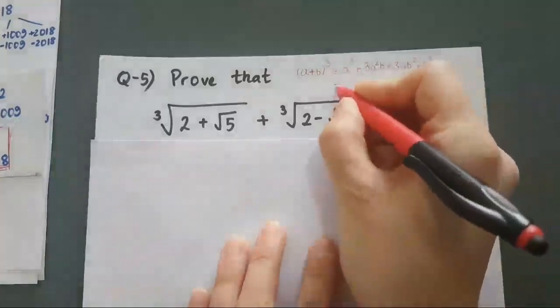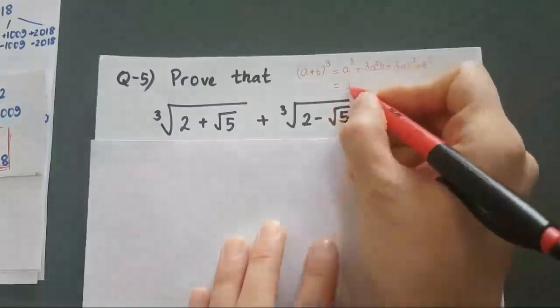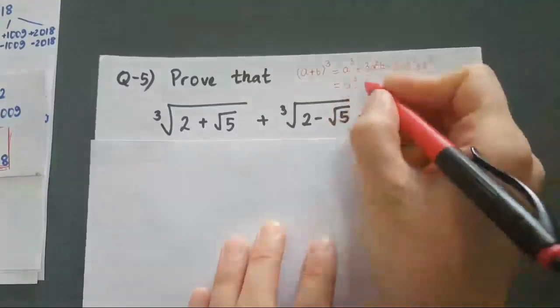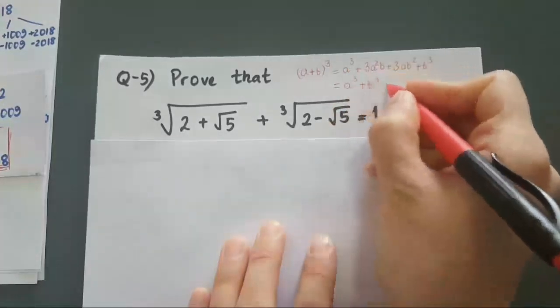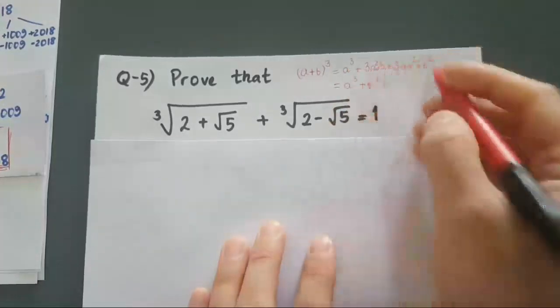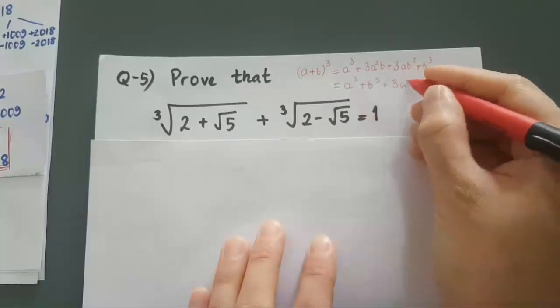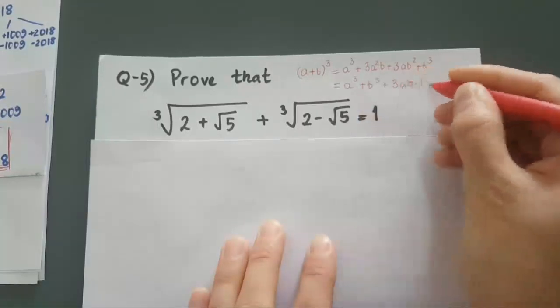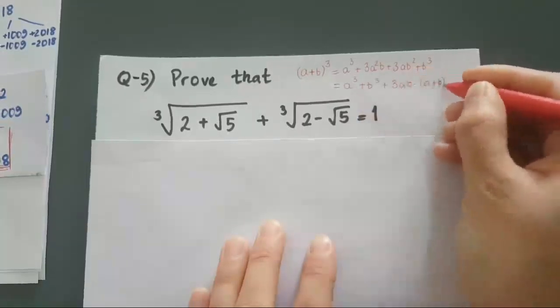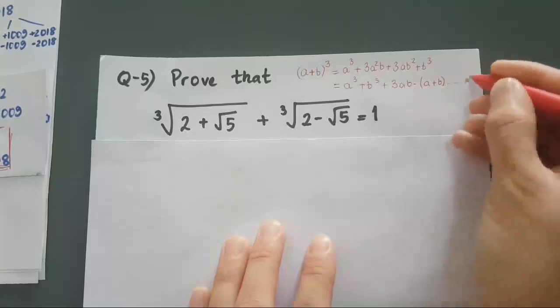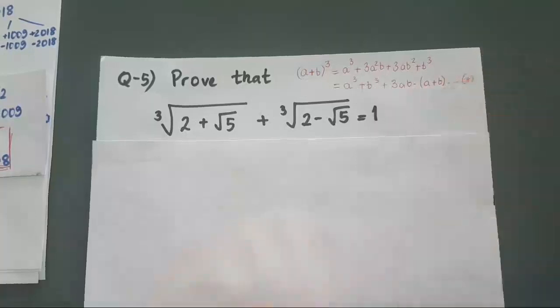And there is one more form to write it. If it's helpful, you can write it in this form: a cubed plus b cubed plus the second and third terms, which have common factors. Let's write it like 3ab times a plus b. This is the form that I will use to solve this problem.